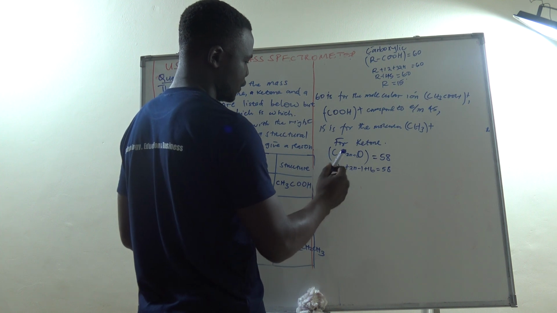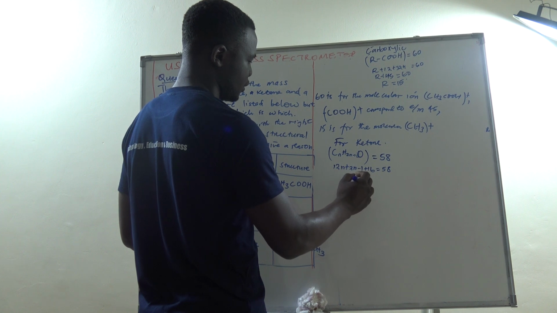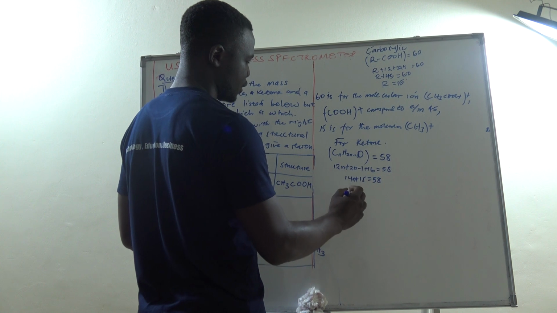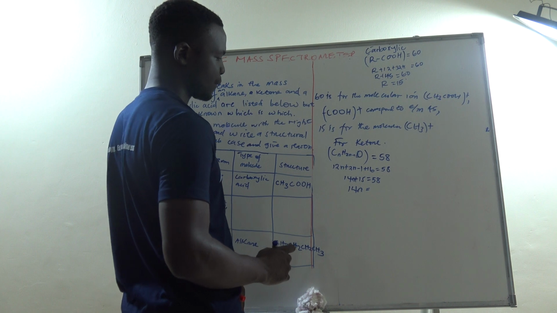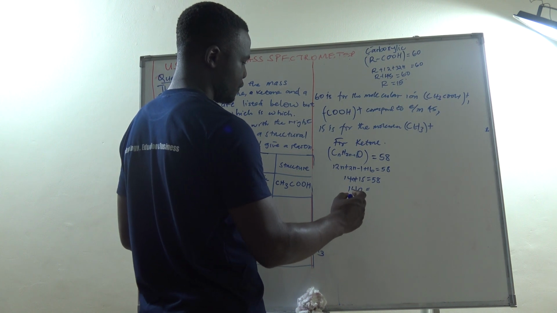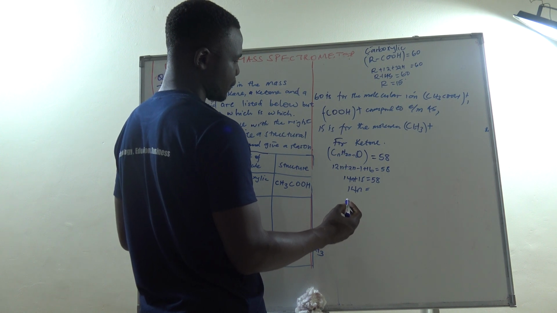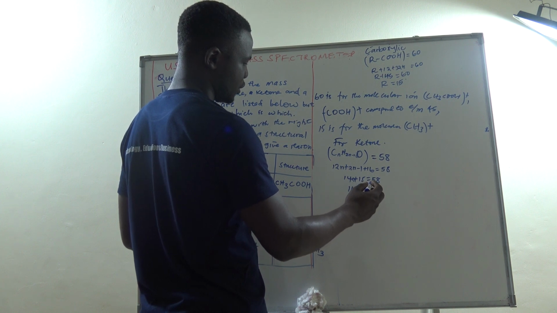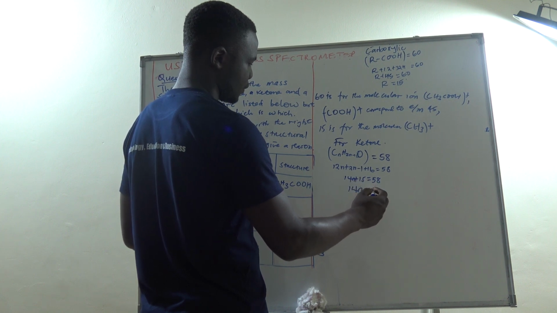So this plus this is 14n, and this is 15, which is equal to 58. 14n is equal to 58 minus 15.